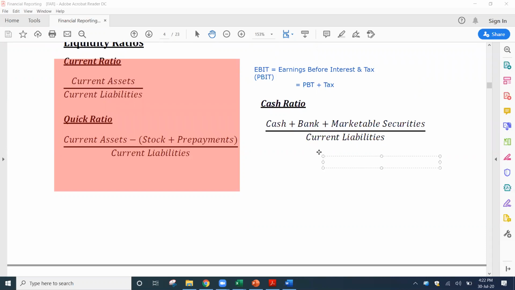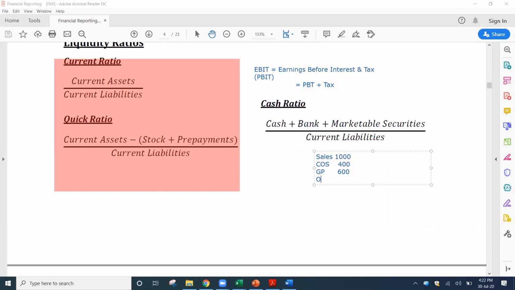In other words, let's say you have sales of 1000. The cost of sales 400. The gross profit 600.